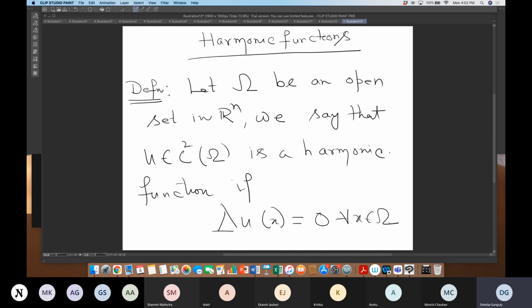Of course, why do we need openness? Because we have to define derivatives and all those things. So, let omega be an open set in Rn; we say that a C2 function u is called a harmonic function if Laplacian u at the point x equal to 0 for all x.